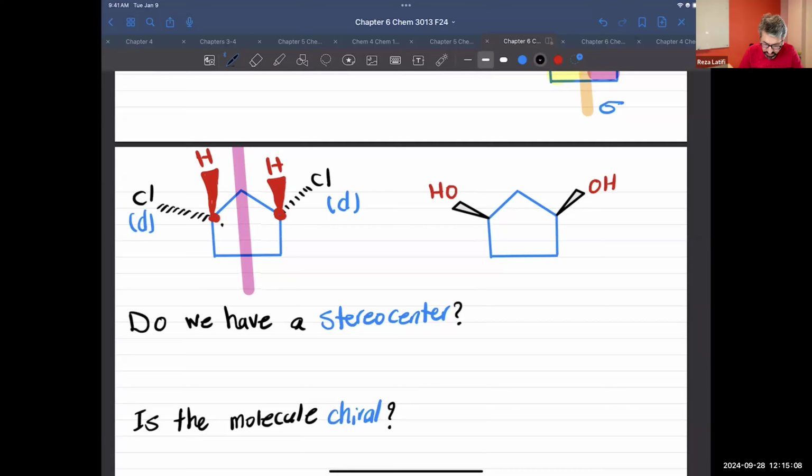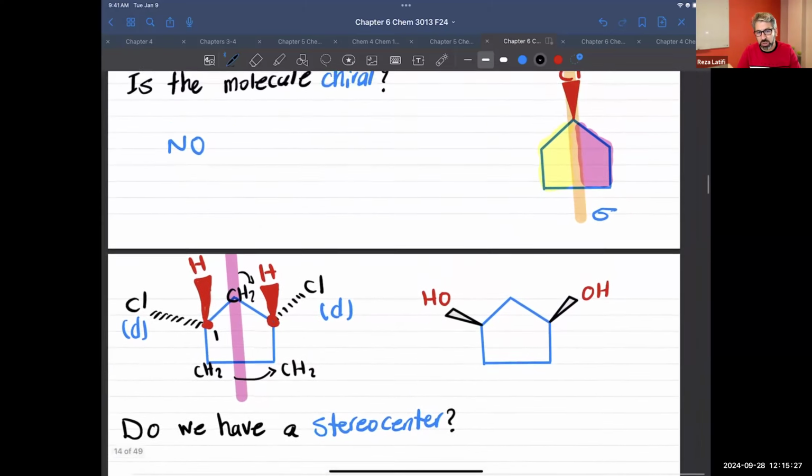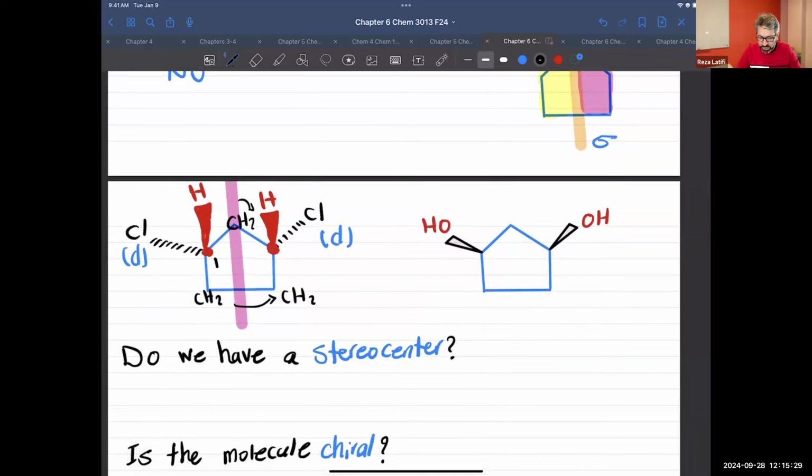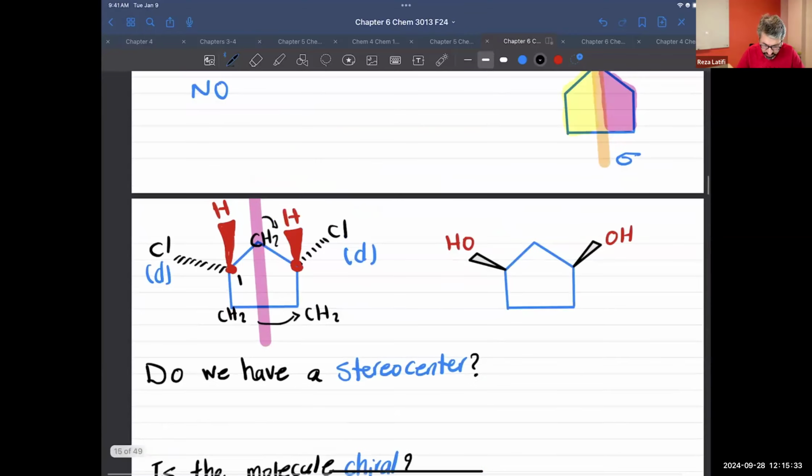This carbon number 1 is seeing hydrogen, chlorine, and what else? CH2 here, CH2 there. Let's keep continuing, searching. When we move to the right side here down, we see CH2. But if I move in this direction, I see a carbon with chlorine attached to it. So those two are not identical. Because they are not identical, there is a stereocenter there. You can use the same logic here.